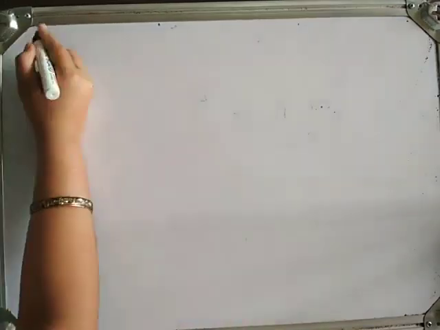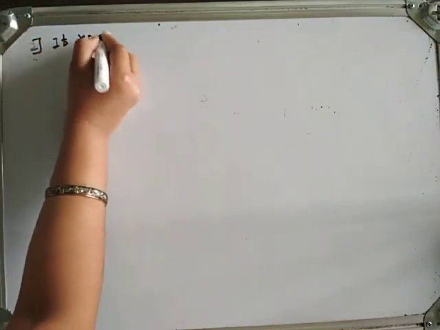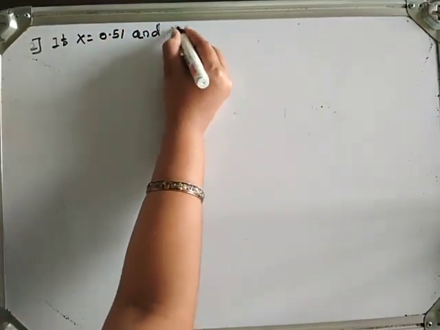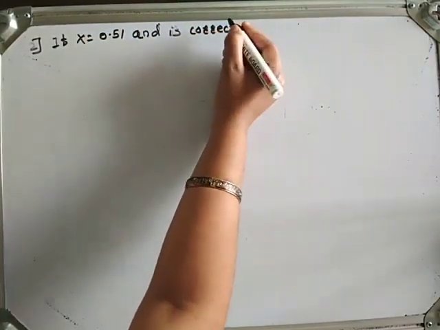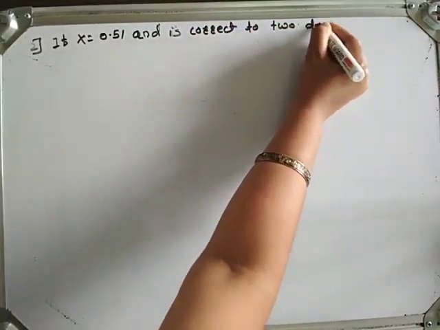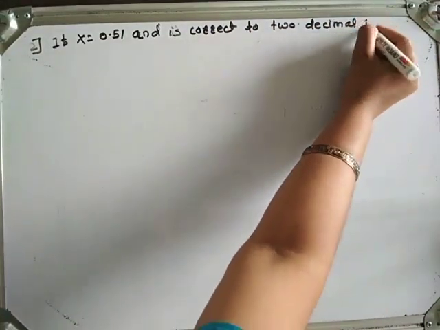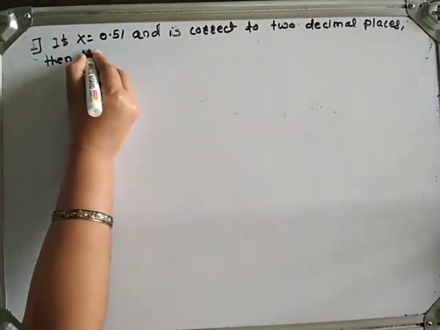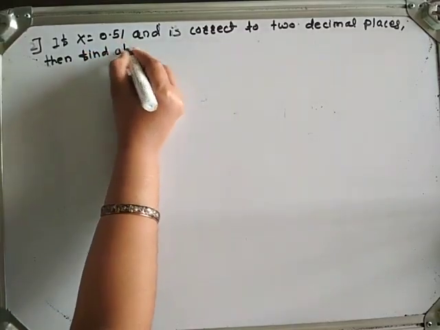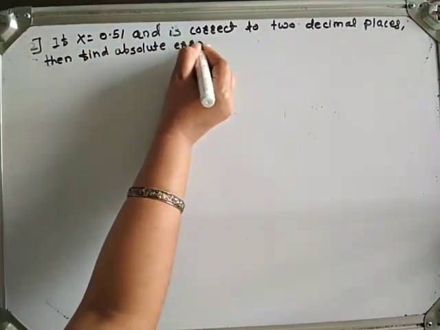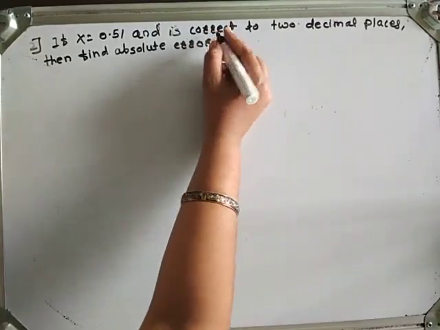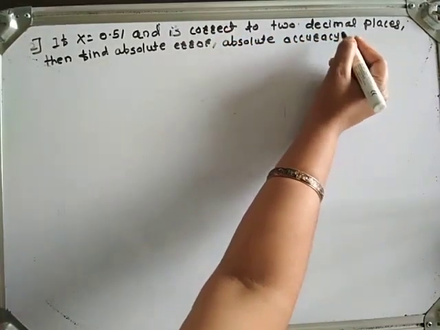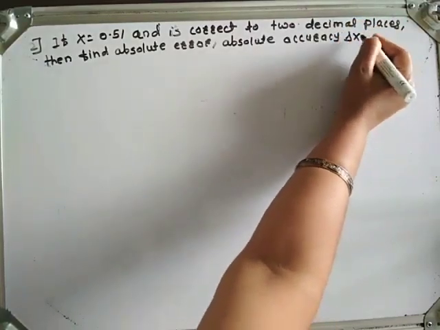Let us take second example. If x is equals to 0.51 and is correct to 2 decimal places, then find absolute accuracy, that is delta x, and percentage error.